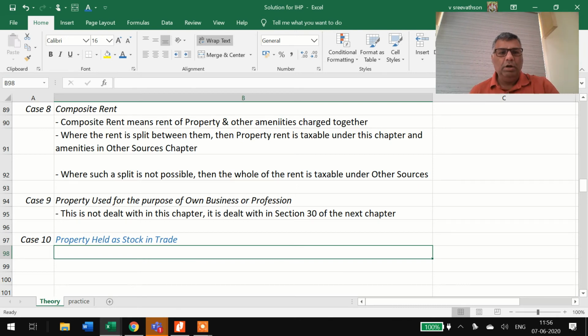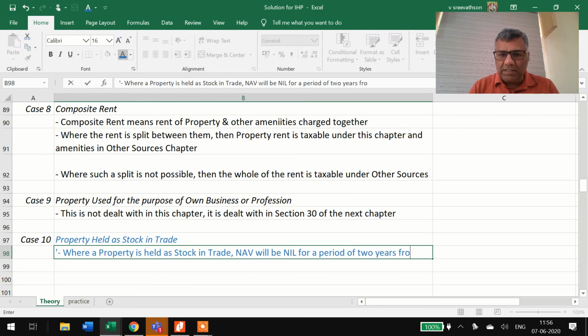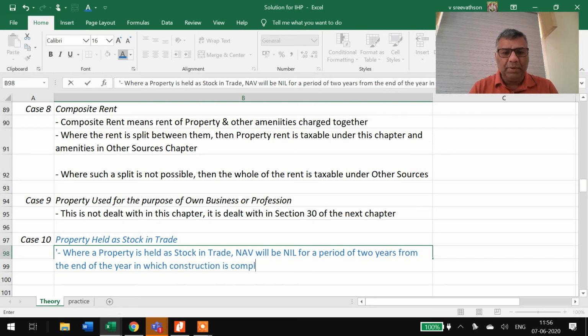Friends, property held as stock in trade. Where a property is held as stock in trade, NAV will be nil for a period of 2 years from the end of the year in which construction is completed.